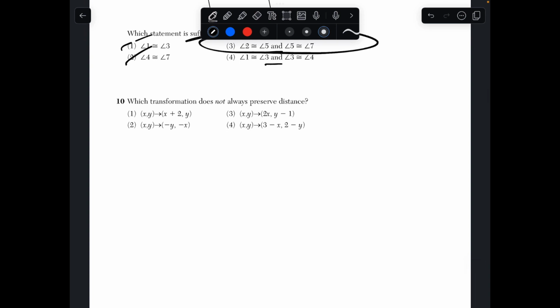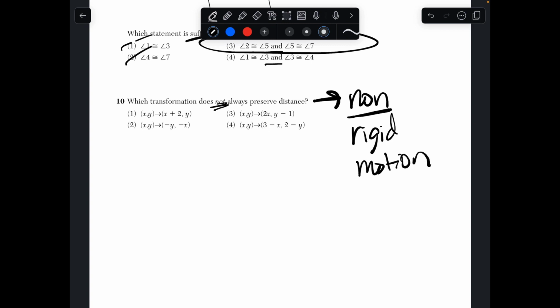Question 10. Which transformation does not always preserve distance? So this means it would have to be a non-rigid motion. Hopefully, you know that this would be a dilation. So for a dilation, you would have to multiply a point, x y, to be a non-rigid motion.